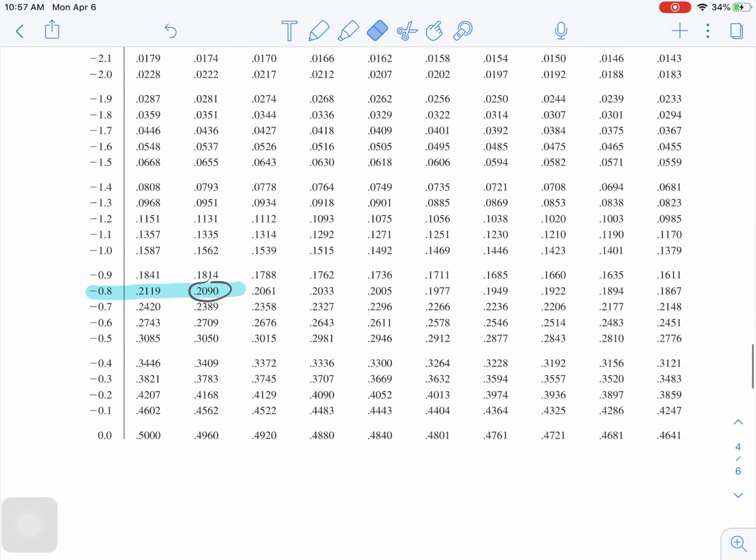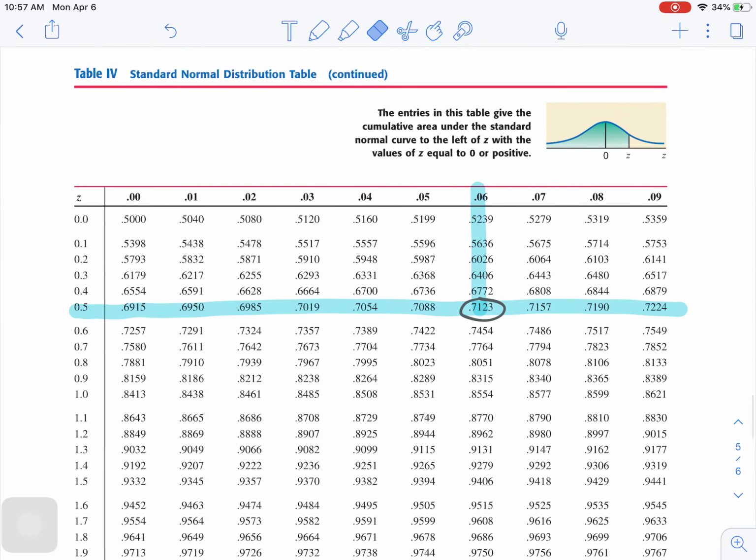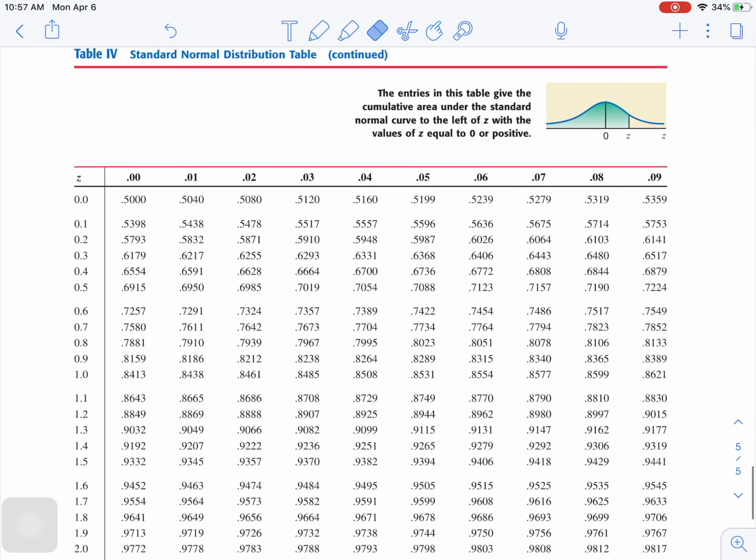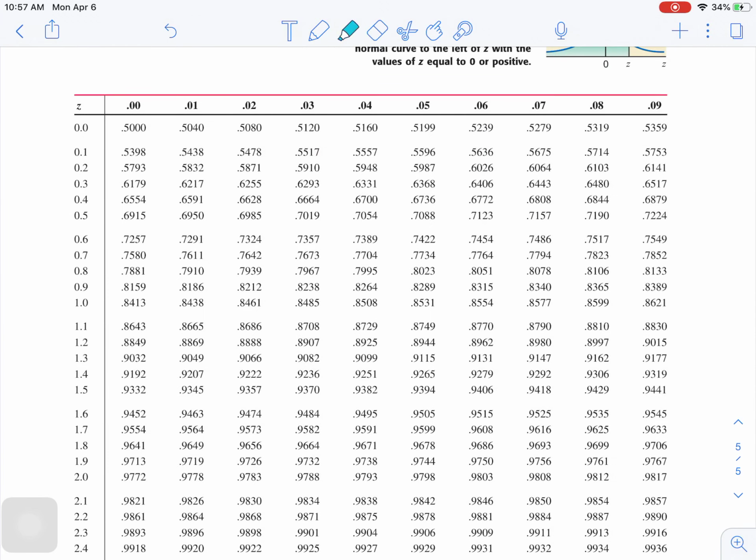Go to 1.93, my positive values. 1.9 is here. 0.03 is here. So for 1.93, the area to the left is 0.9732.